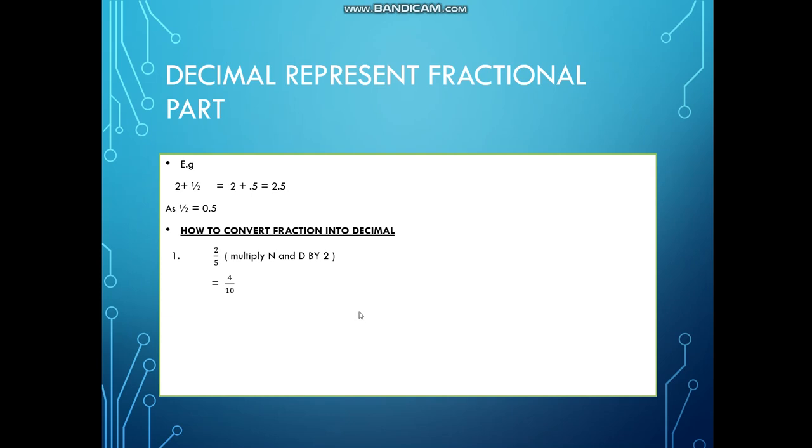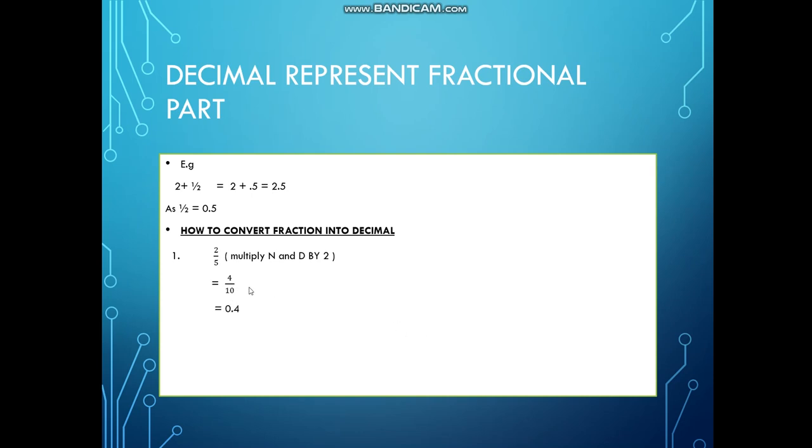So which one is easy? I have to multiply numerator and denominator by 2, because when I multiply 5 with 2, I get 10. 5 twos are 10 and I need 10 in the denominator.